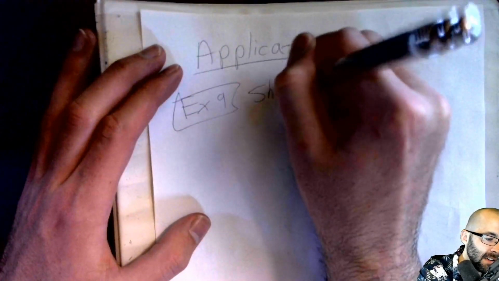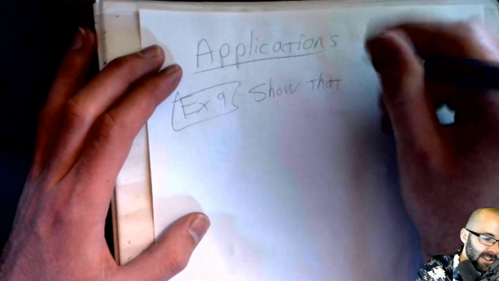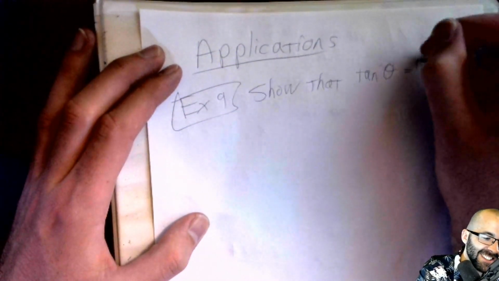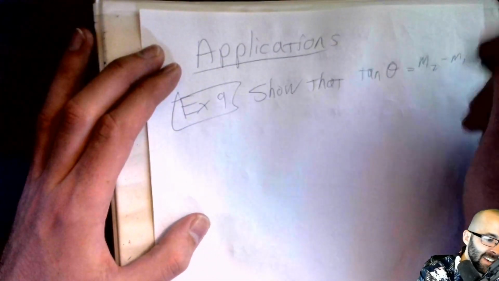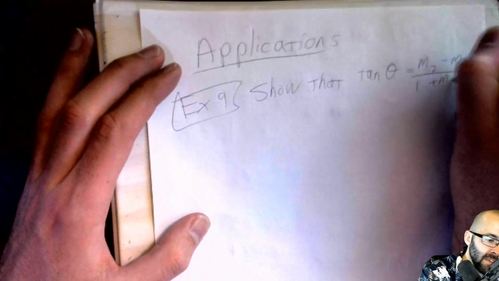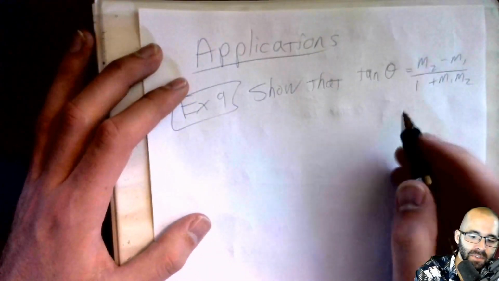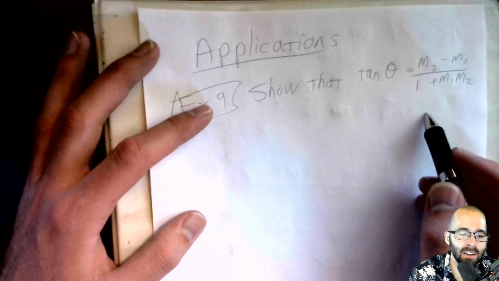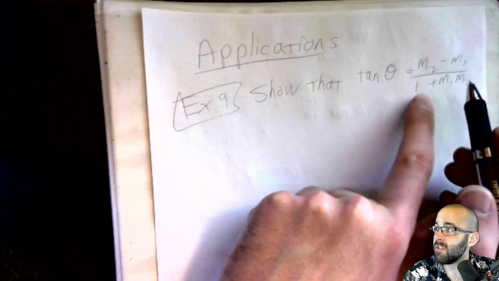Show that the tangent of theta is, you're not going to like this, m2 minus m1 divided by 1 plus m1 m2. So I haven't told you what this stuff is yet. We haven't gone into the application yet, but this should immediately look familiar.